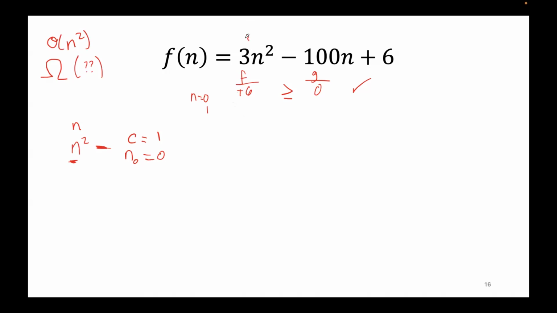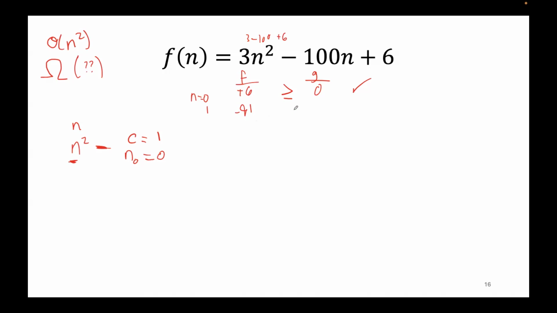That's 3 minus 100 plus 6, which is 9 minus 100, which is, I think, -91. My ability for mental math plummets when I stand up here and present something.